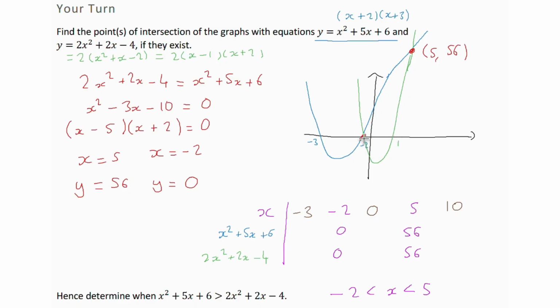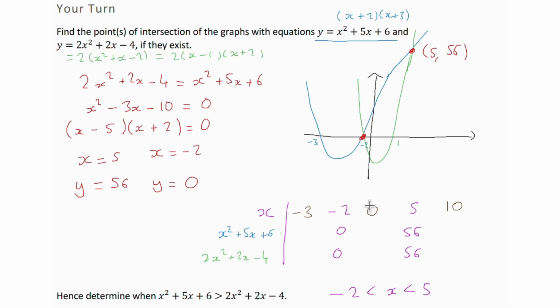Similarly between them, because there's no point of intersection between minus 2 and 5, if the blue graph is on top at one point, it is always on top within that range. And after 5, again, whichever graph is on top has to stay on top forever past 5, because there's no other point of intersection.